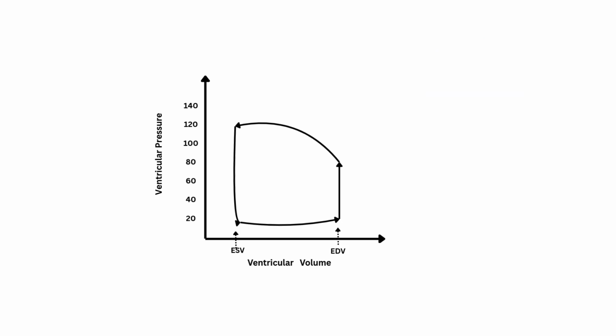So let's begin with preload. Preload is determined by the blood within the ventricular chamber at the end of diastole, so it is significantly affected by volume. Increasing preload by, let's say, giving IV fluids stretches the loop further to the right on the x-axis because more volume ends up in the ventricle at the end of diastole.